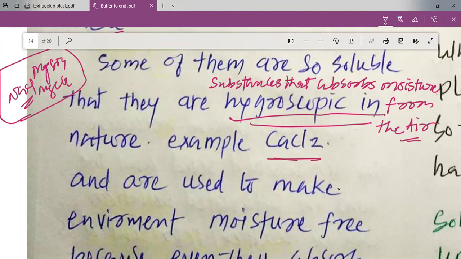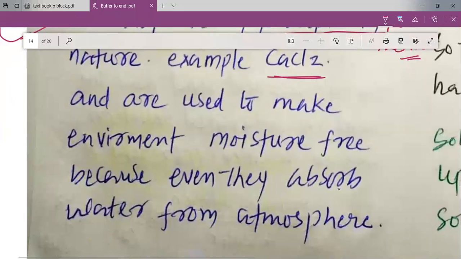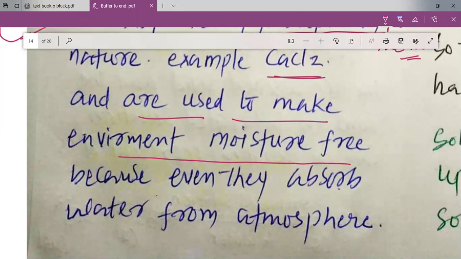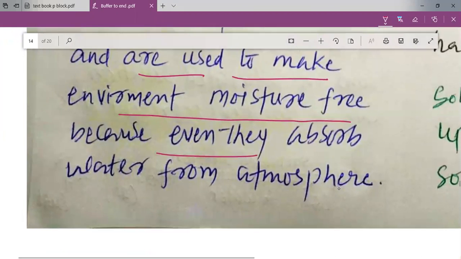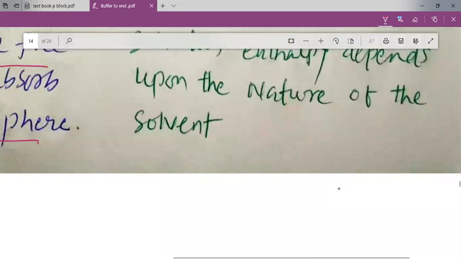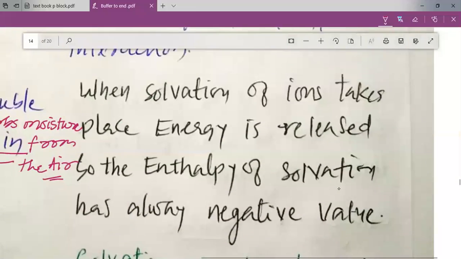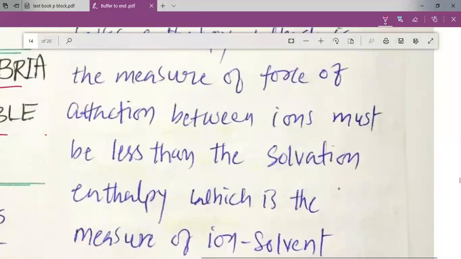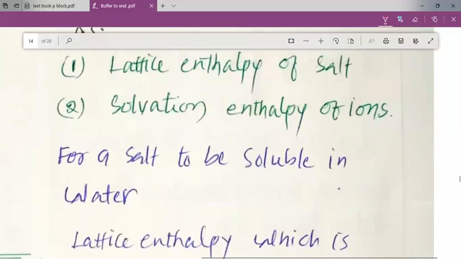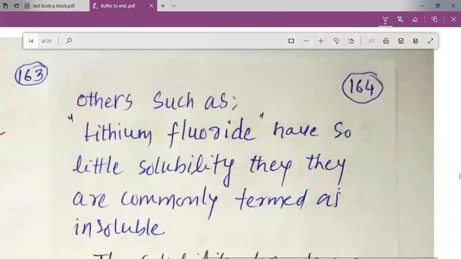For example, CaCl2. CaCl2 is a substance that absorbs the moisture from air, and these substances which are hygroscopic in nature are used to make the environment moisture free, because they absorb water from the atmosphere. So suppose we are going to do an experiment where we need a moisture-free environment.